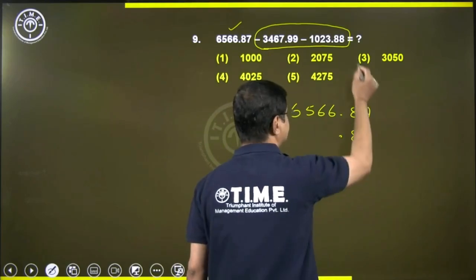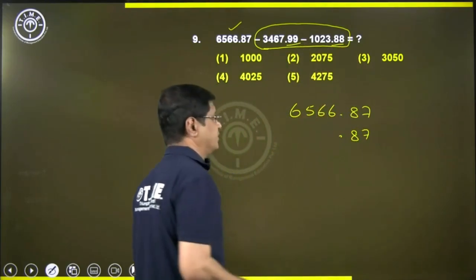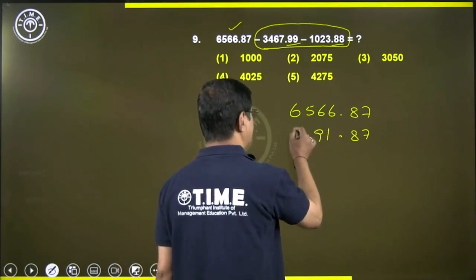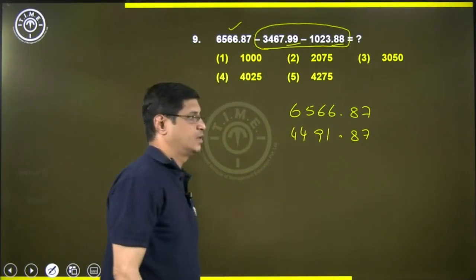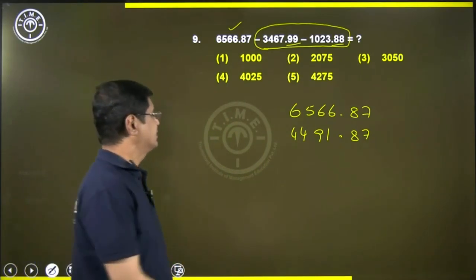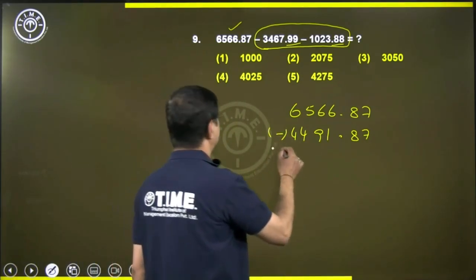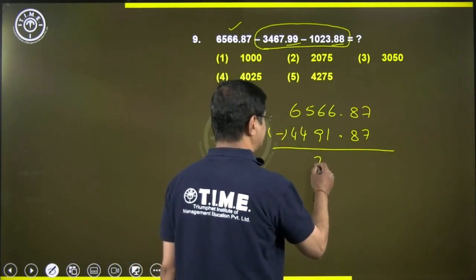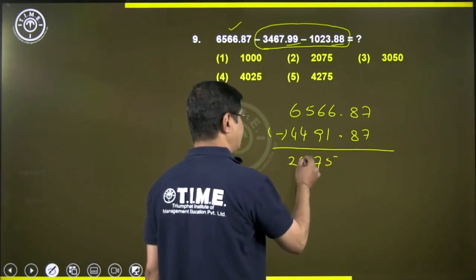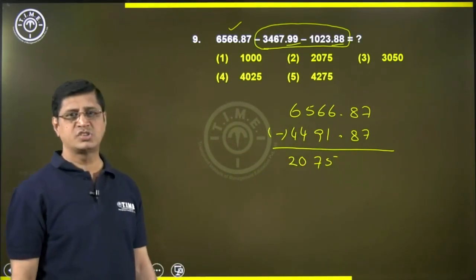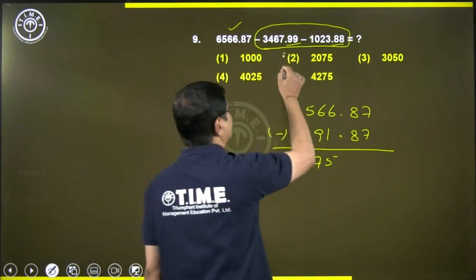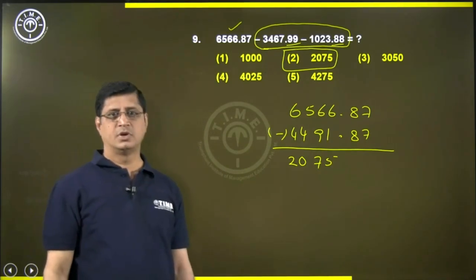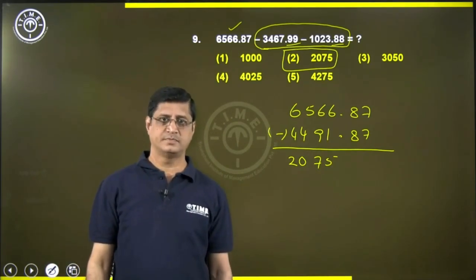Last two positions, just observe. It is 87. The next 91. Next 44. 4491.87. Now just subtract this. What is the result? The result here is 2075. The answer choice option 2. Second option is the right answer.